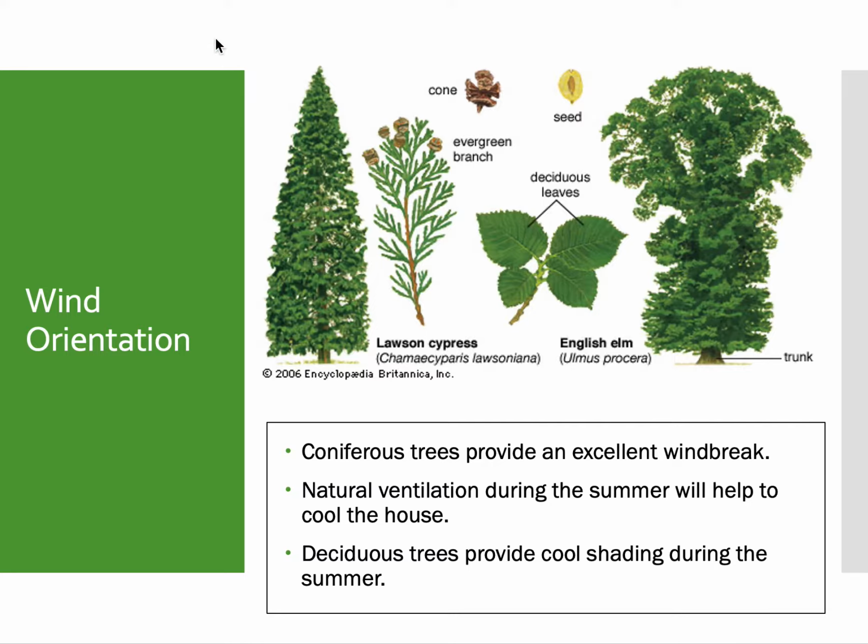And then your wind orientation will help you decide other things too, like what are you going to plant for sustainable design. Coniferous trees provide excellent windbreak because they are evergreen. They don't drop their leaves. Well, I don't want to say that. I've seen pine trees go brown and drop their leaves, but not all of them drop their needles.